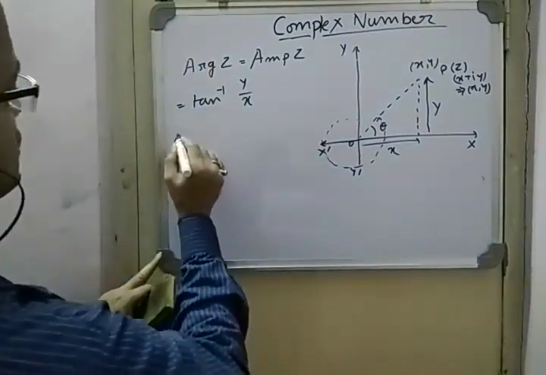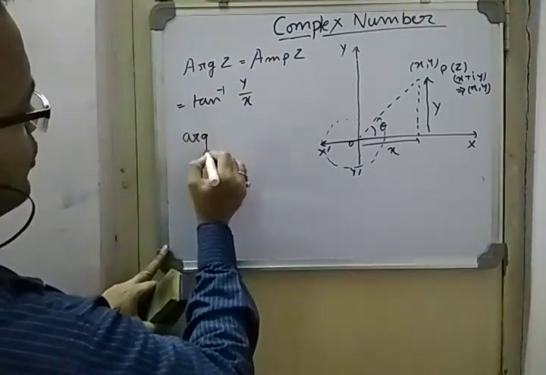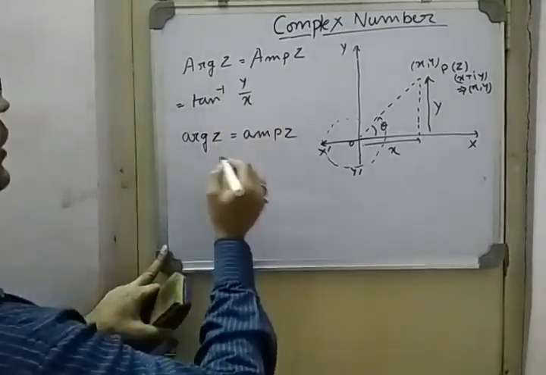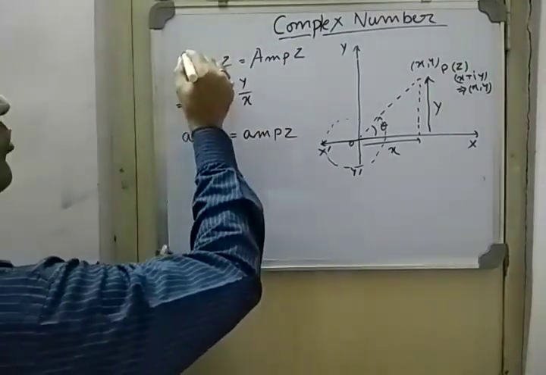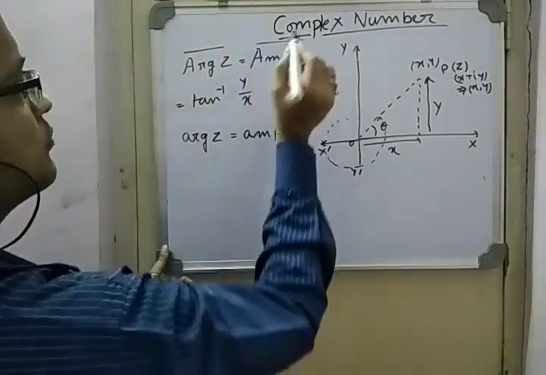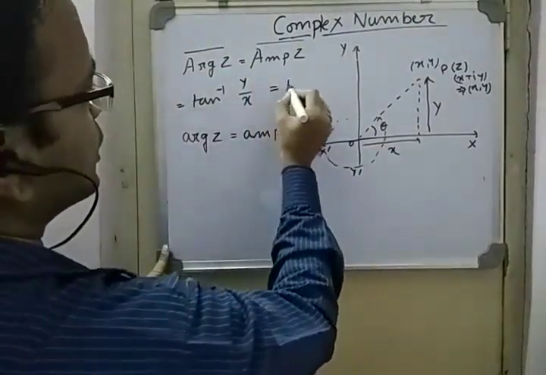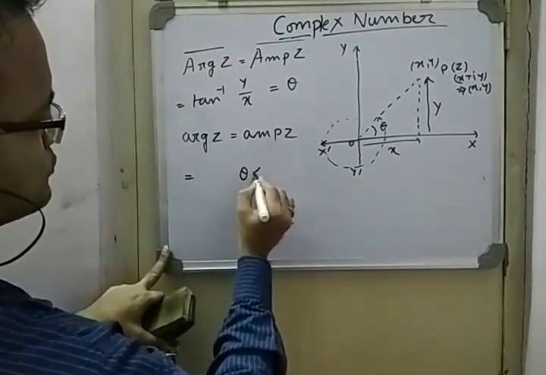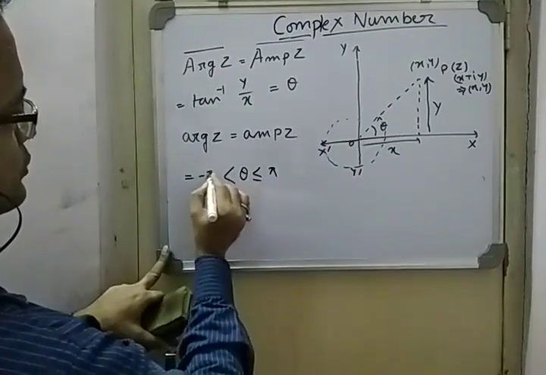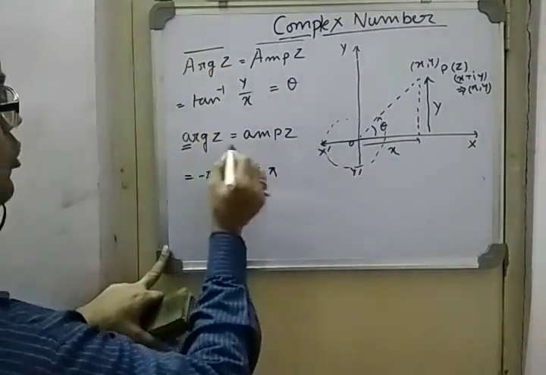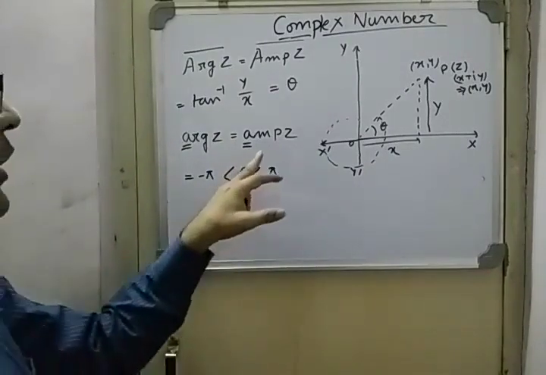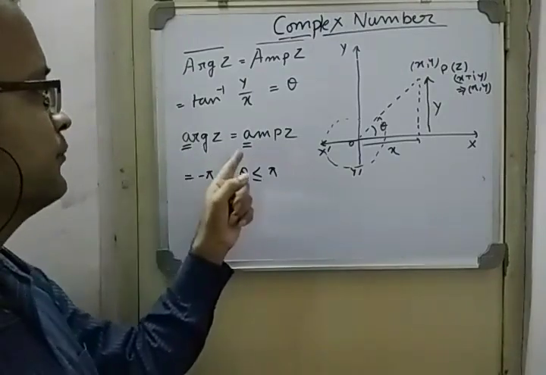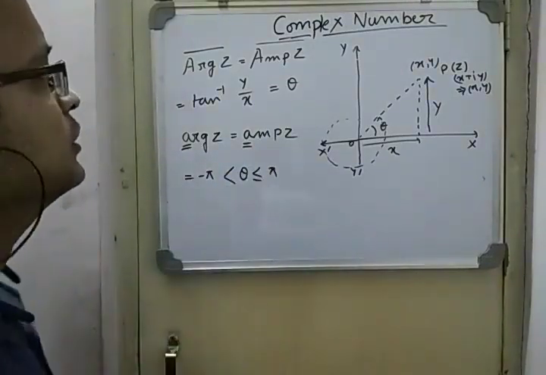So another concept came: what is the principal value? Here the difference is that arg z has an infinite number of values of theta, while the principal value has specified values which fall in a given range. While writing the principal value, we write arg z with a small a, and amp z also with a small a.